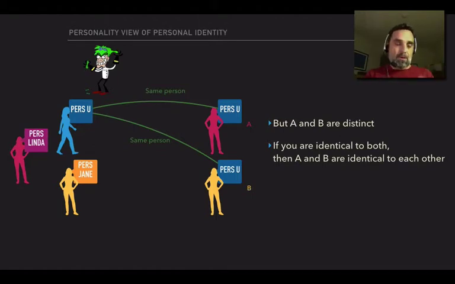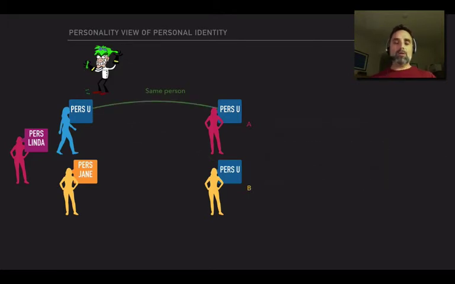Nonetheless, if you're identical to both of them, then they're identical to each other. But we said they're distinct, so they're not identical to each other, and that means that you're not identical to both of them. So there we go. You're not identical to both of them. So we've ruled out the first option.